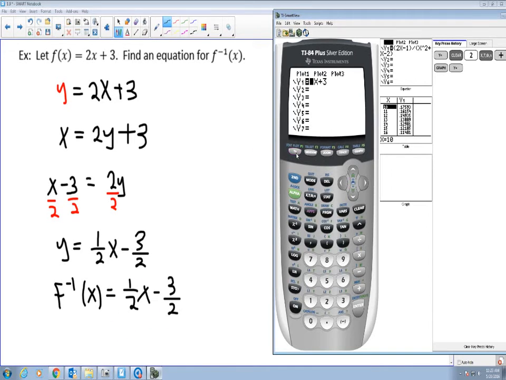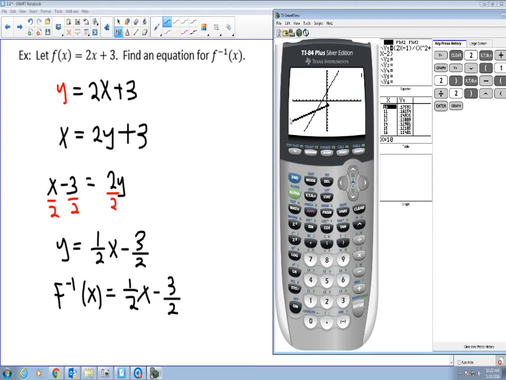I'm going to go to y equals and type in parenthesis 1 over 2 close parenthesis times x minus parenthesis 3 over 2. And I'm going to make my inverse function a little bit darker, using a double line. So the second line here will be its inverse.